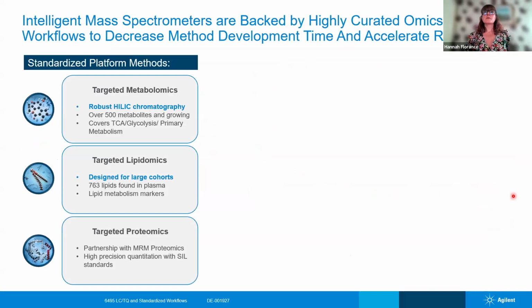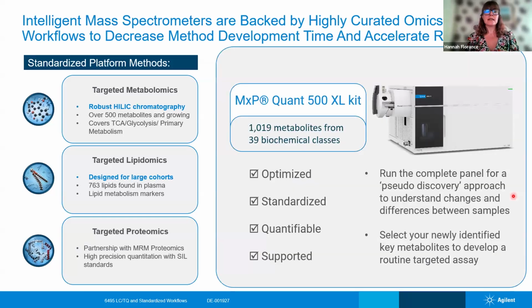Hopefully you will see how an intelligent mass spectrometer can be backed with a highly curated workflow. It can decrease your method development time and accelerate your research. Within Agilent, as I said, we have these targeted metabolomics and lipidomics workflows. But what is really nice is that the biocrates kit sits and complements across both of these workflows.